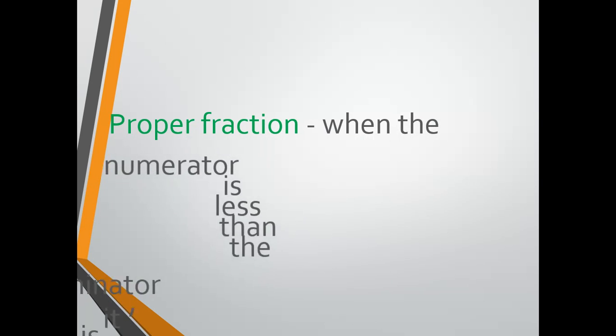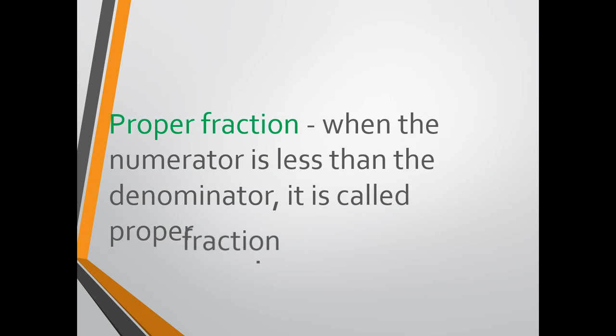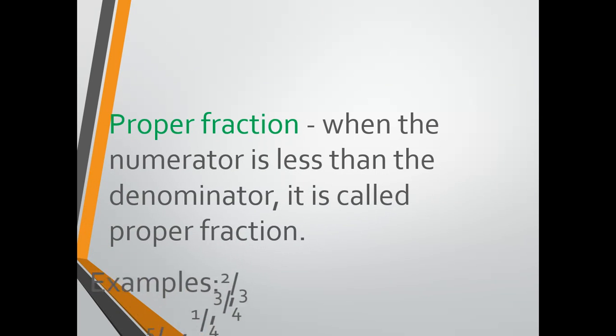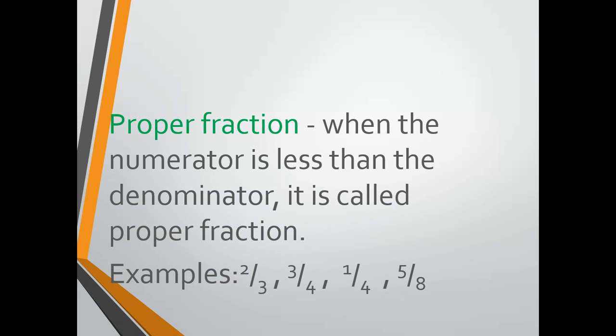Now let's pick it one after the other again. Proper fractions. What are proper fractions? Can someone read it for me? Okay, let's read it together. When the numerator is less than the denominator, it is called a proper fraction.